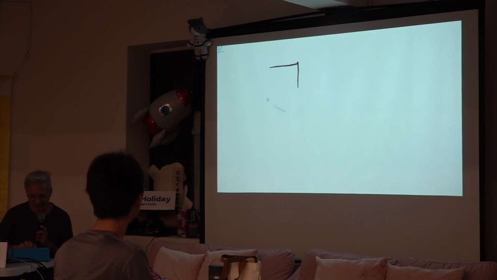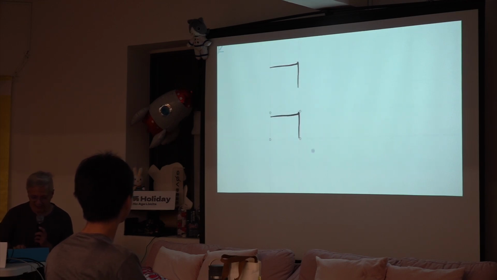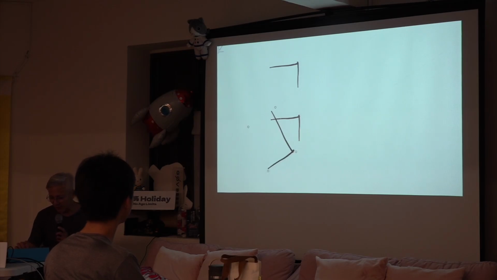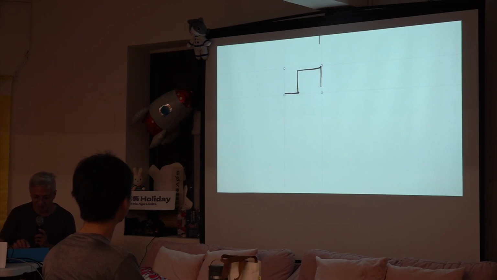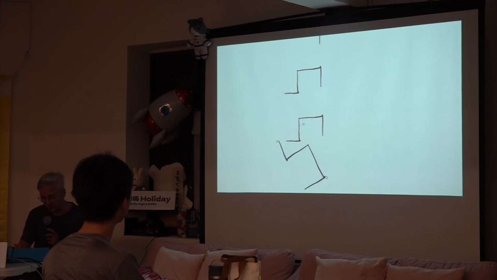Let's do this again. You start with this, make a copy of it, spin it 90 degrees clockwise. Okay, then this is the level 2 dragon curve. Let's do this again. Make a copy of it, spin it 90 degrees clockwise.